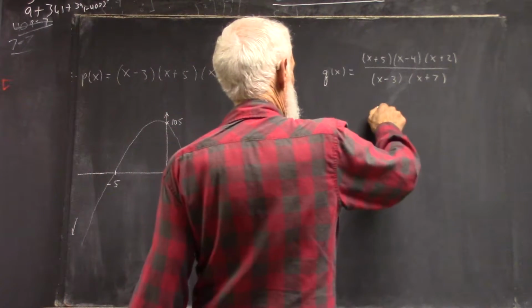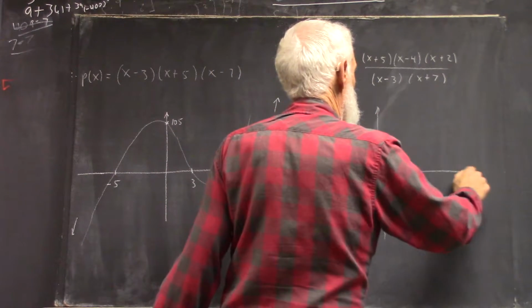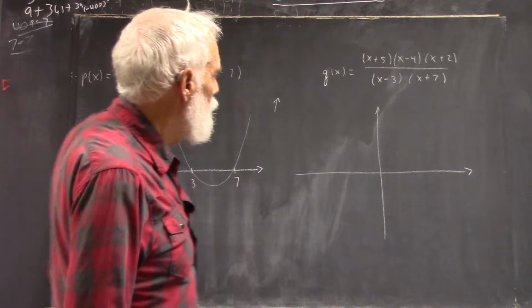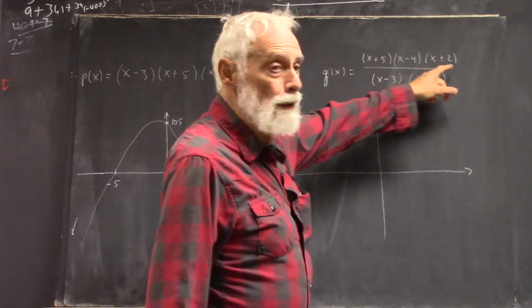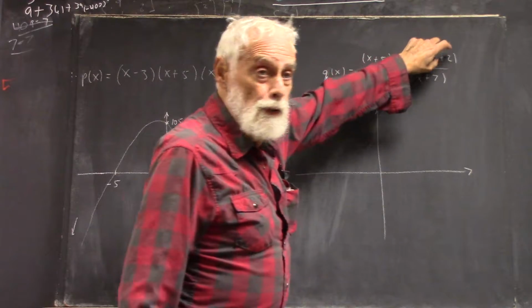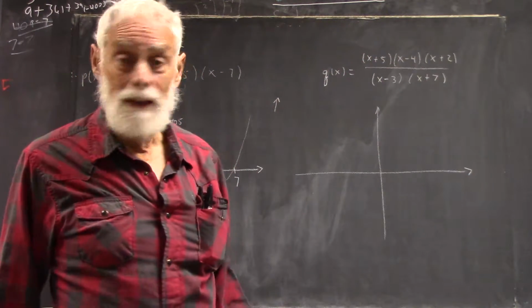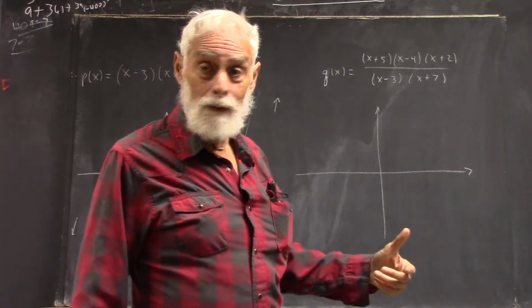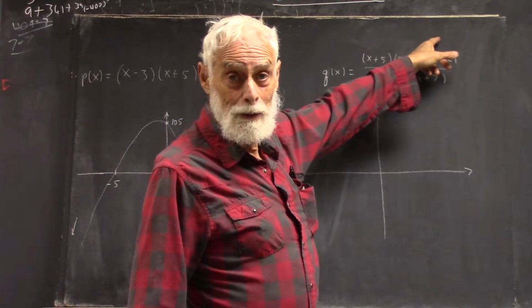Now, you know some things about this graph. You know it's going to have zeros at 4 and -5 and -2. Because if you make any of these terms in the numerator 0, the whole thing's going to be 0. Unless the denominator has a term that matches it, right? If I had an x plus 2 here, I'd have an x plus 2 here, right?